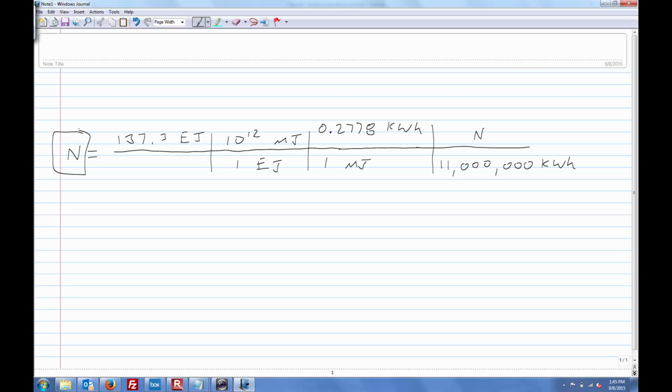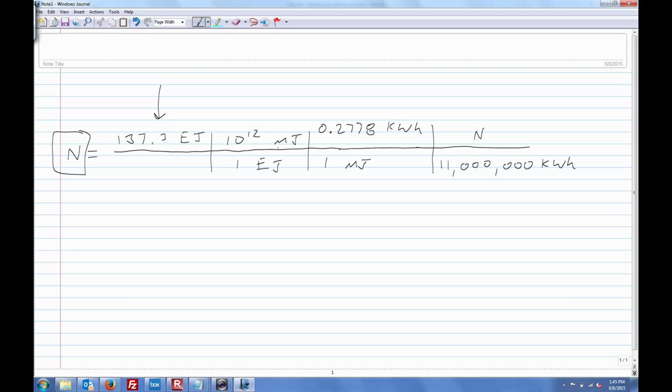A common error that I see people make is just confusing the numerator with the denominator. But I'm just going to start with this very first number and know that this 137.3 exajoules, that's the total amount of coal that we burn every year.